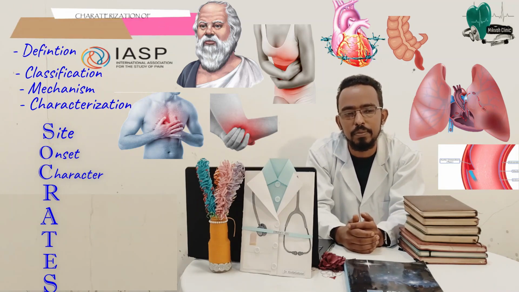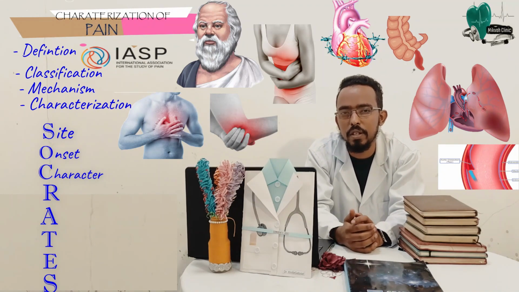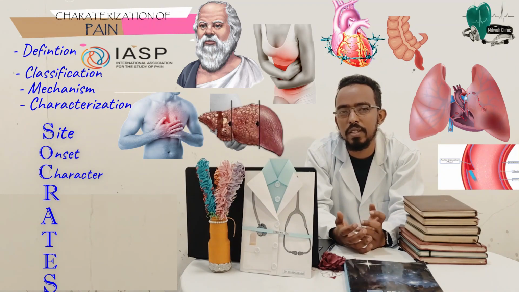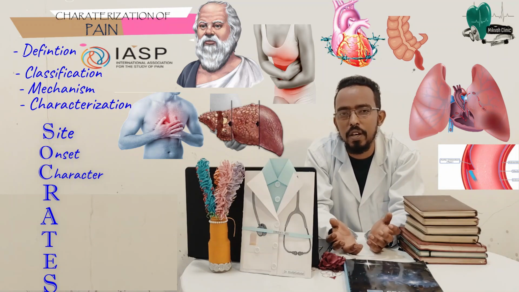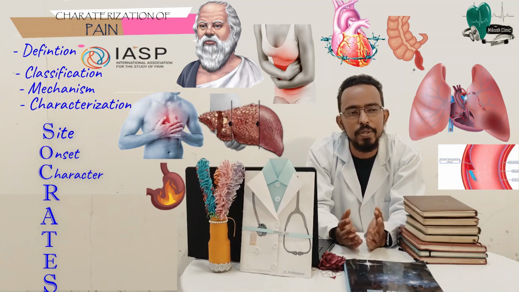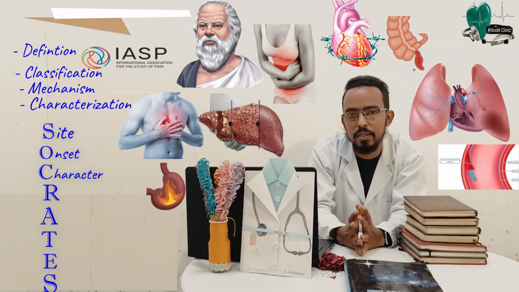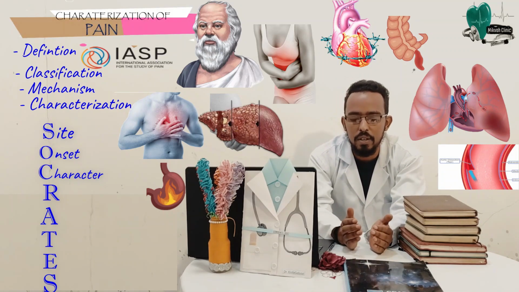But the appendix is in the abdomen, the heart is in the thorax. If we further localize that pain, we can narrow our differential diagnosis. So if I say the patient presented to hospital because of chest pain, now the one who mentioned appendicitis as a differential diagnosis will be wrong, because I further localized the pain.